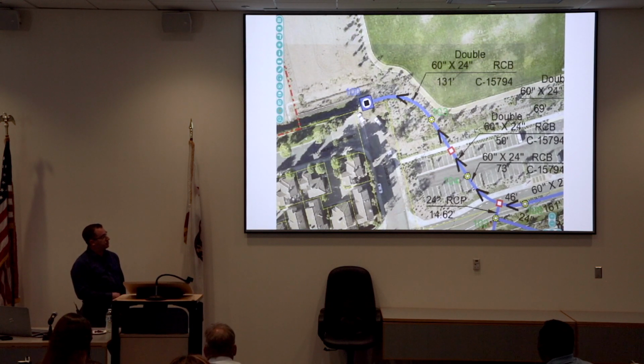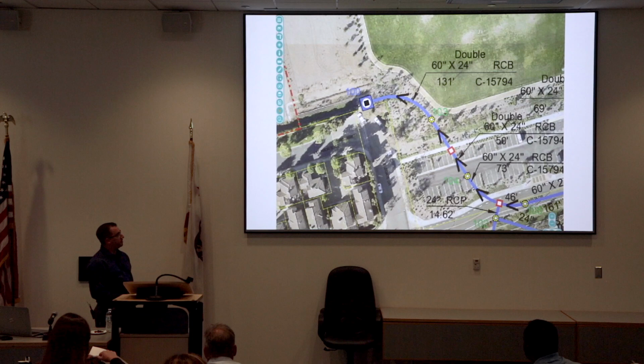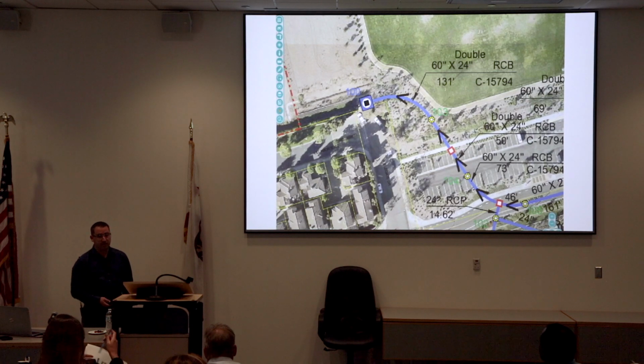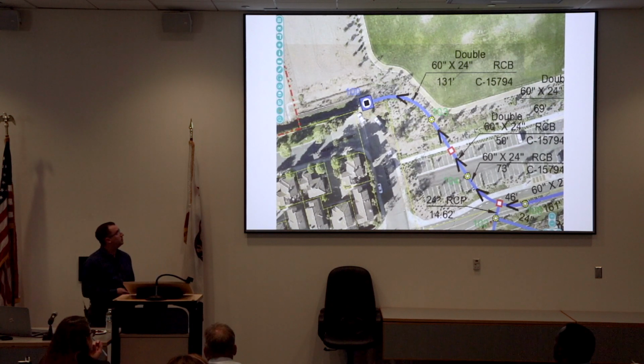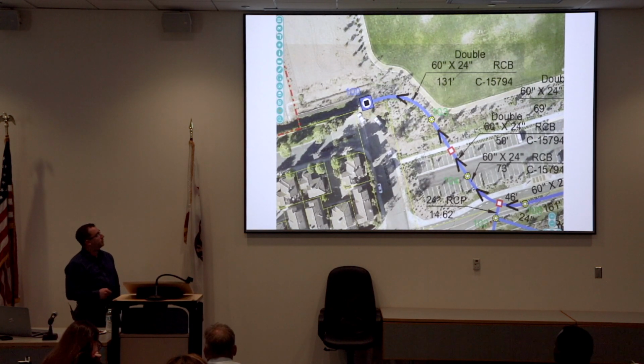And then if you look at where the pipe is, where this was actually collecting drainage from, it's several thousand feet away. It's probably unlikely that was all coming in through the pipe. But it's a rather big storm drain system, 60-inch by 24-inch double barrel.